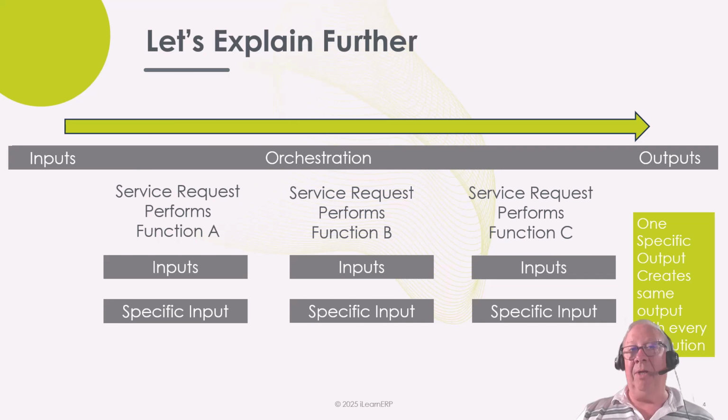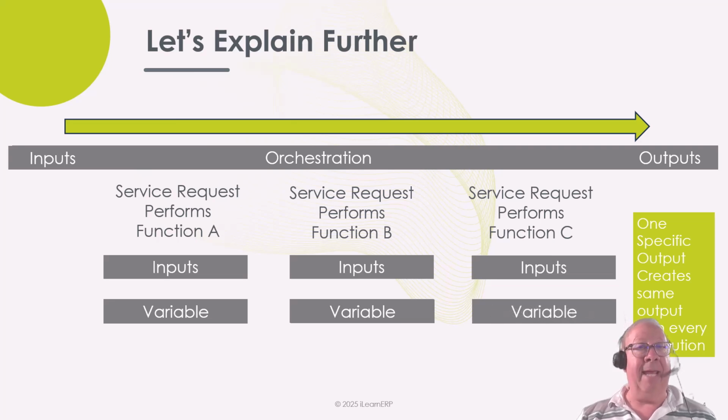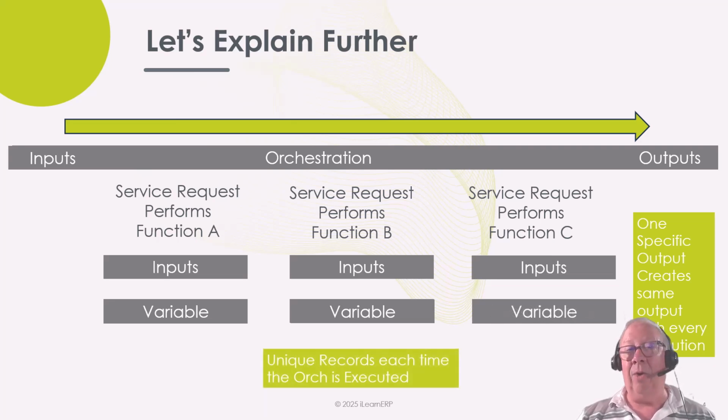So we need to be able to use variables within our components to accept input values from the start of the orchestration and pass those into the variables, or those placeholders, each time it runs, thereby making our orchestration flexible for creating unique records for whatever inputs come in.